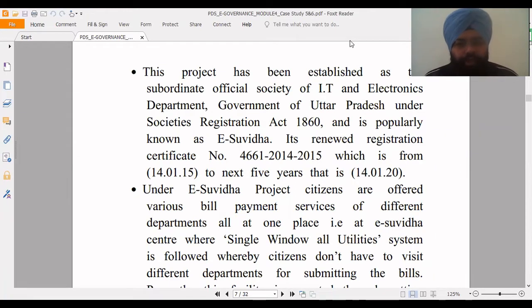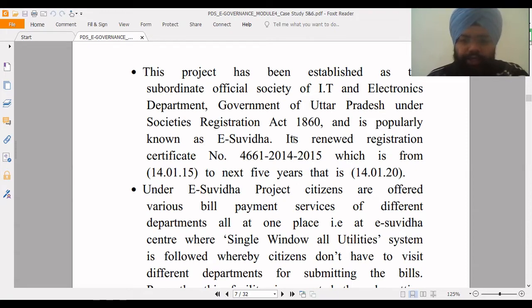So this project has been established as the subordinate official society of the IT and Electronics Department, Government of Uttar Pradesh, under the Societies Registration Act 1860 and is popularly known as E SUVIDHA.